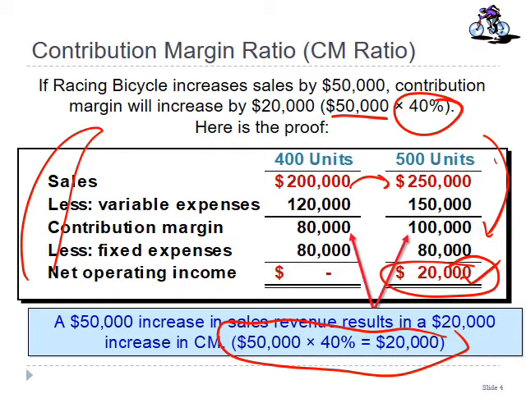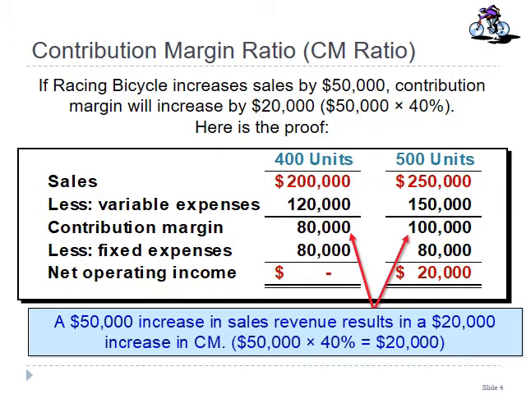So in that way, we can also find out, like we found in our previous slides through the CM unit method, that if the $50,000 sales has increased, it will contribute 40% to the net operating income, which is 20,000.